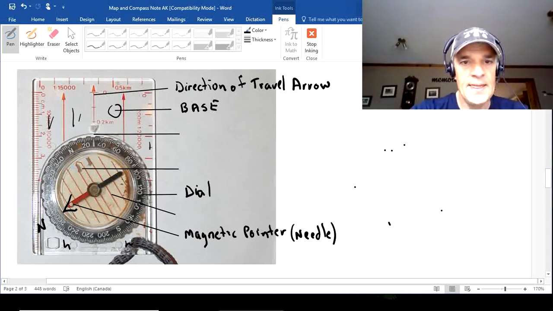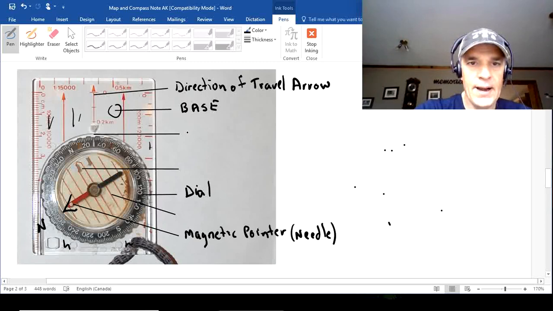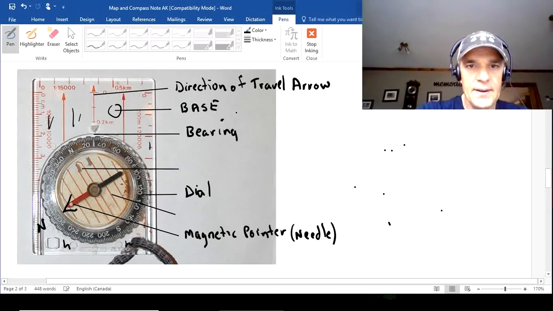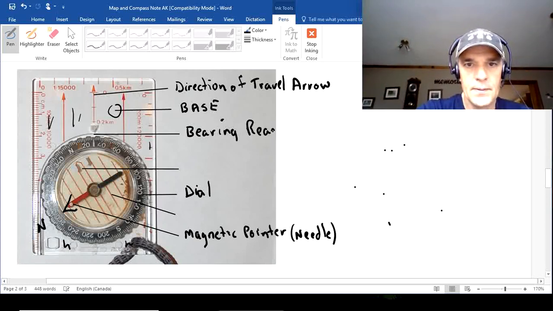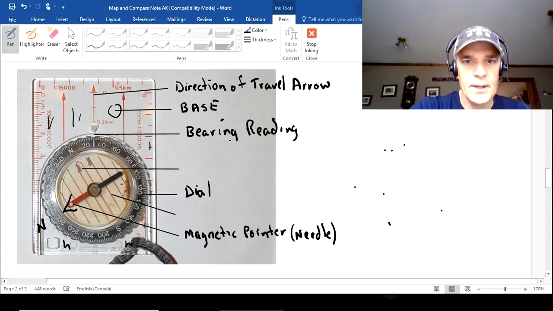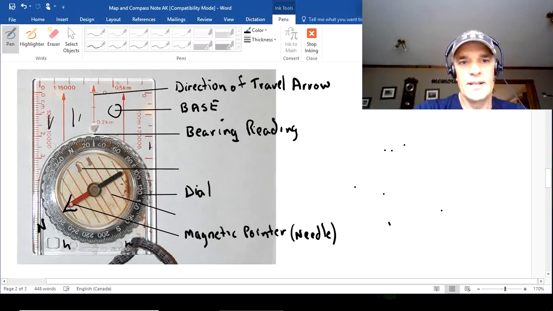Okay. Then what we also have are a few other things. Right up at the top, this is where we read our bearing. So bearing reading. Okay, it's where we read our bearing. And then we have two other things that are on here, and they're inside the middle of the dial.